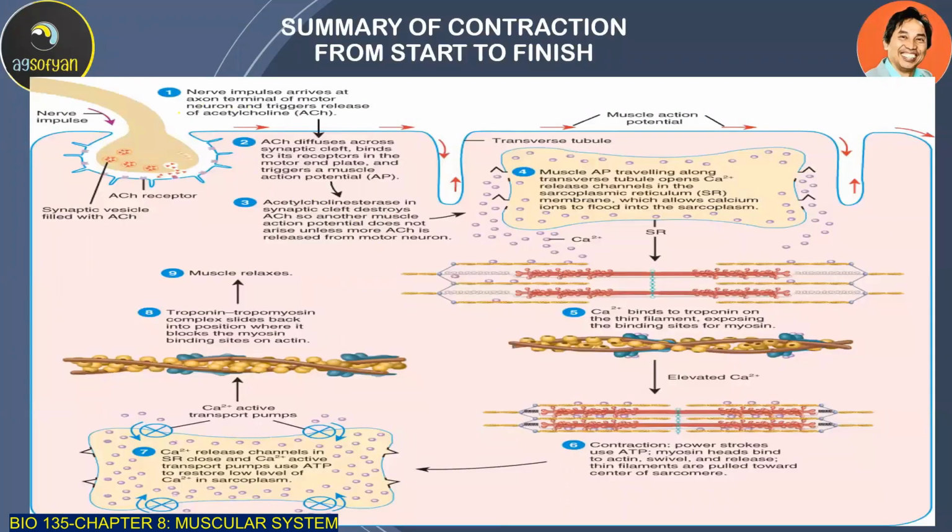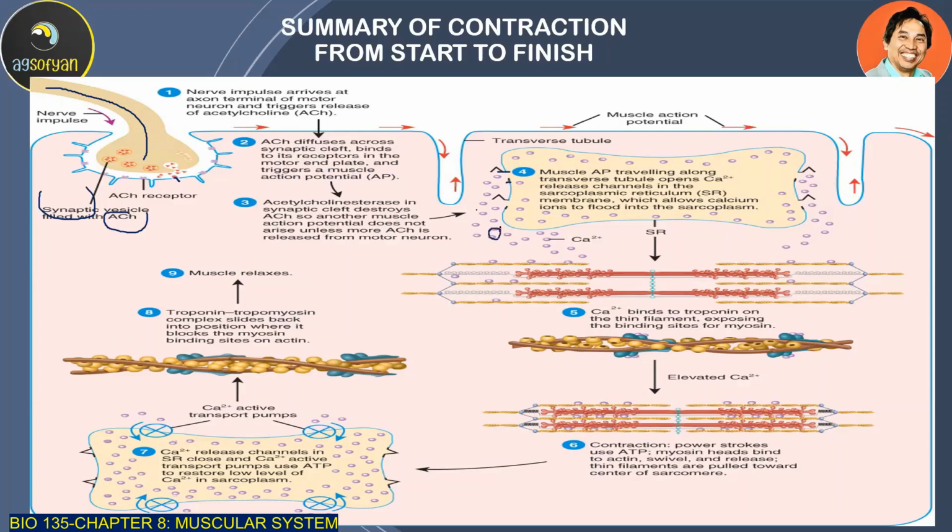Okay, this is again the step-by-step process of muscle contraction. Start with the motor neurons that release the acetylcholine into the synaptic cleft. It will bind to the receptor. It will open the sodium channel, and sodium will enter into the cell and trigger the opening of this calcium channel.